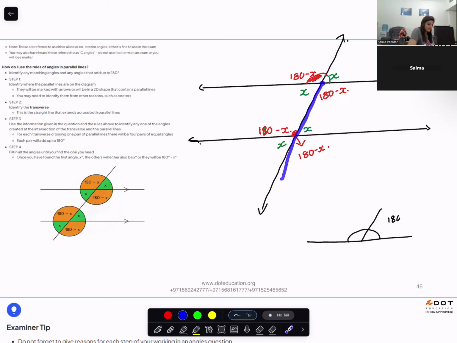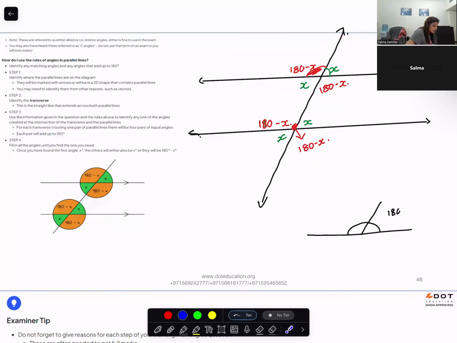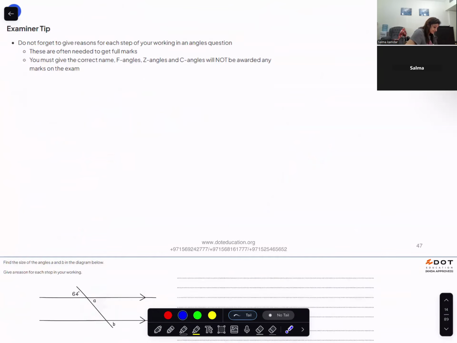Again an F, corresponding angles are equal. So you should know this concept about how you use the transversal.